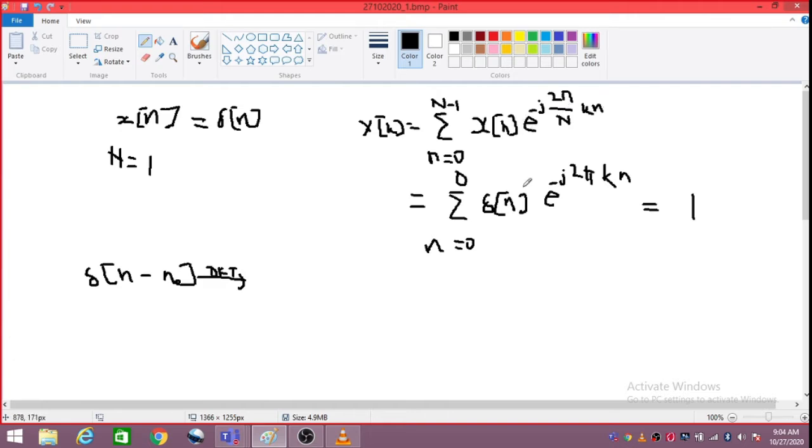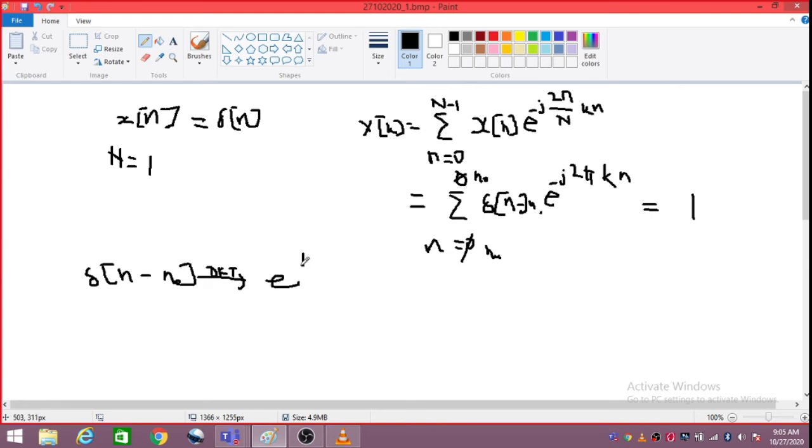This will be delta n minus n naught, and the summation will be on n naught only because here the one term is on the n naught. यहाँ पे ये n naught हो जाएगा और ये भी n naught हो जाएगा. ठीक है, 0 की जगह n naught हो जाएगा यहाँ पे. So what will be the DFT?